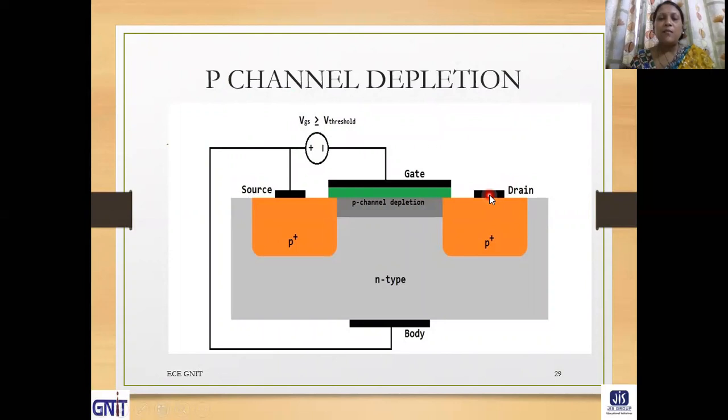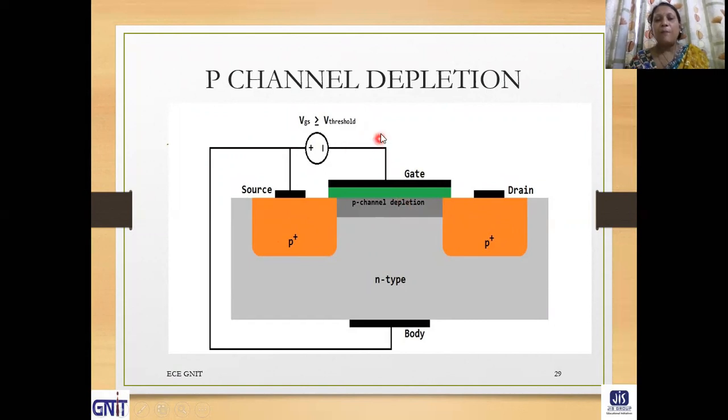Similarly, as we have learned the N-channel depletion type MOSFET, there is also a P-channel depletion type MOSFET. These are the heavily doped P regions. This is the N-type bulk semiconductor. A P-channel region is already there between source and drain at the time of fabrication under zero bias condition.